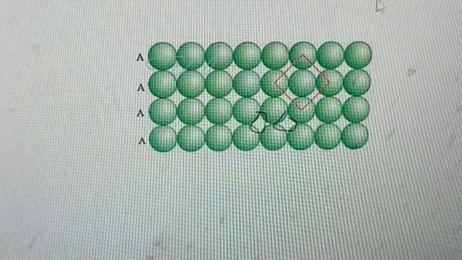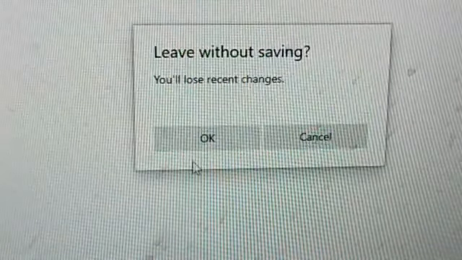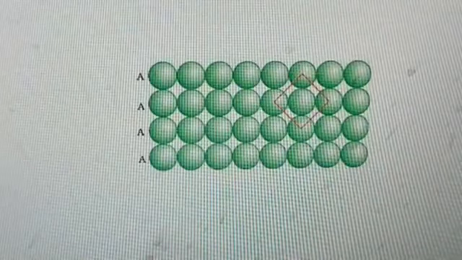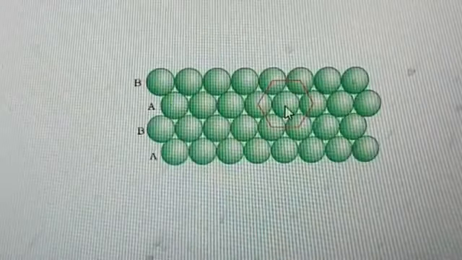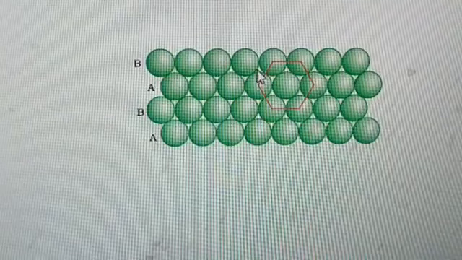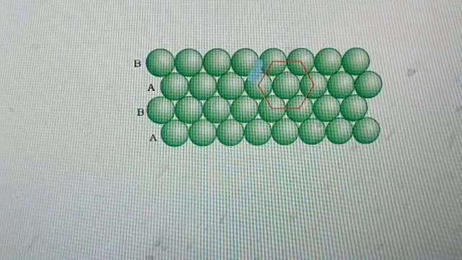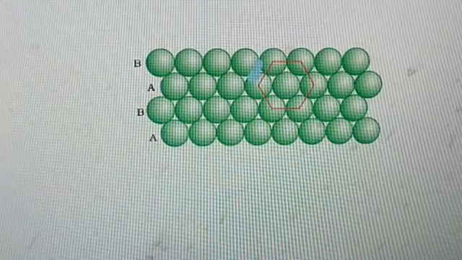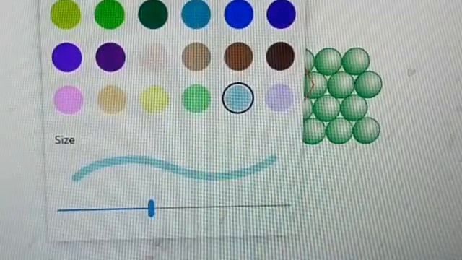But if you take this second AB type of arrangement, what is happening? In the AB type of arrangement, the free space is very less. When we compare with the AA arrangement, the free space is very less.